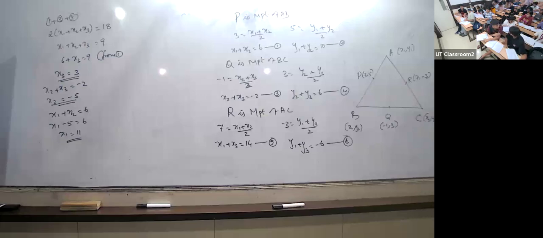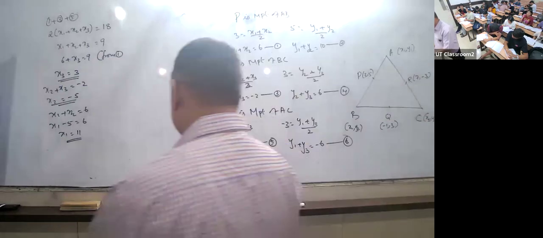Who got Y1, Y2? Got it? Take Y as 2, 4 and 6, 2 times.